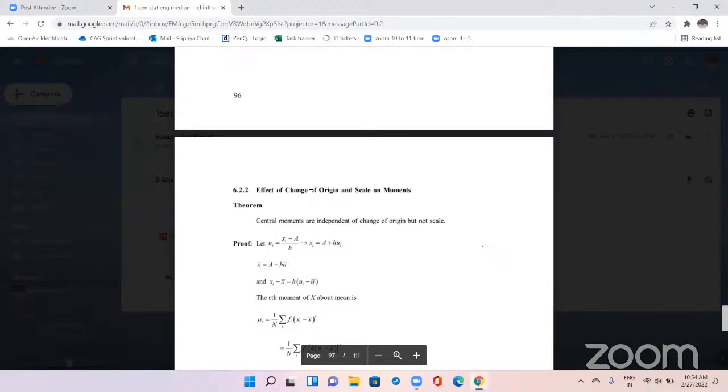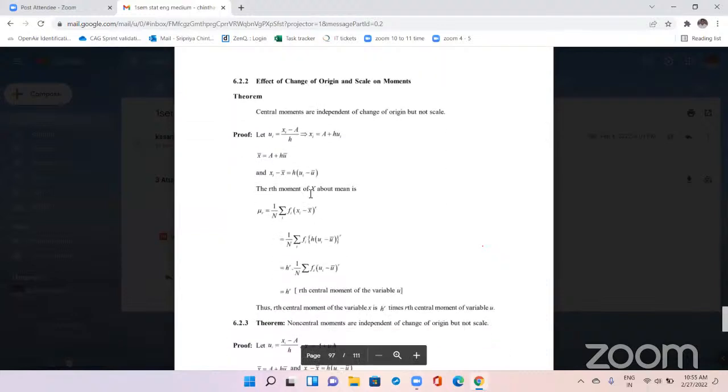Once again, listen here: define central and non-central moments and derive the relation between central to non-central moments. This is the first question. Second question: define central and non-central moments and derive the relation between non-central to central moments.